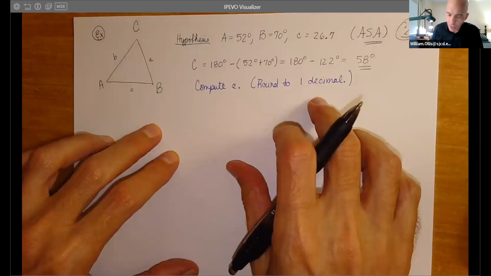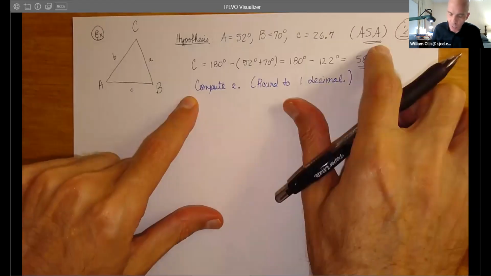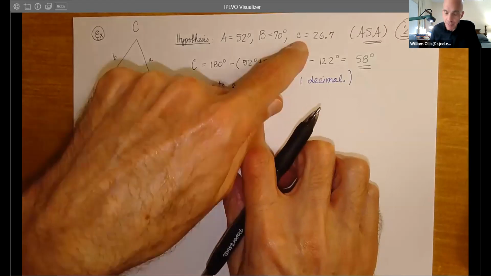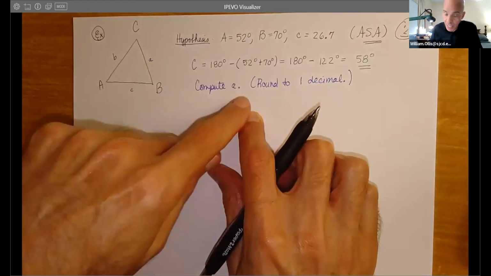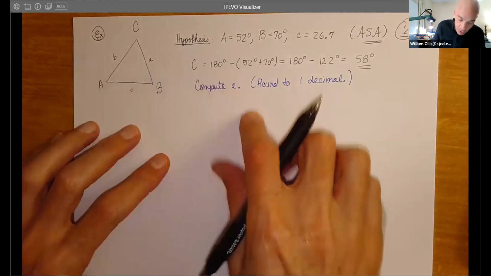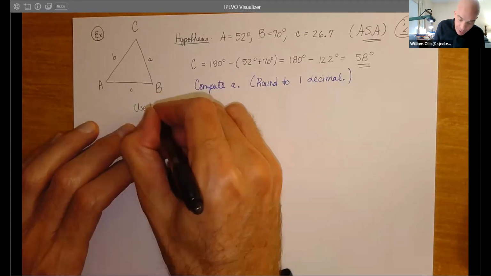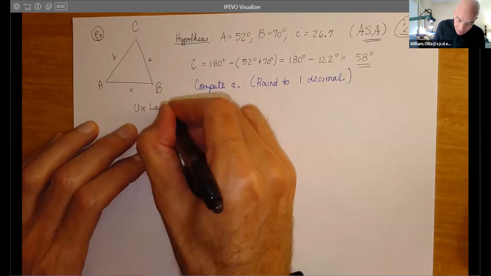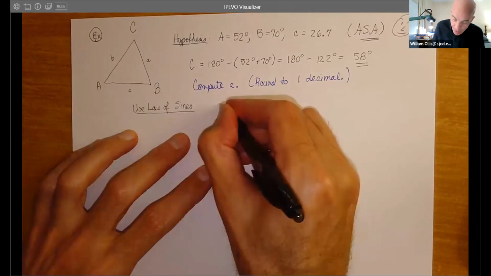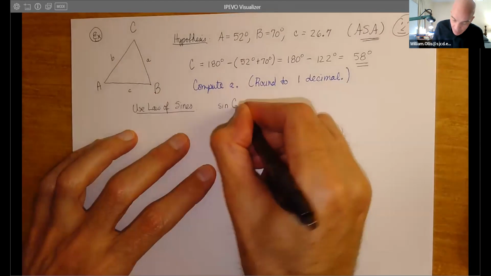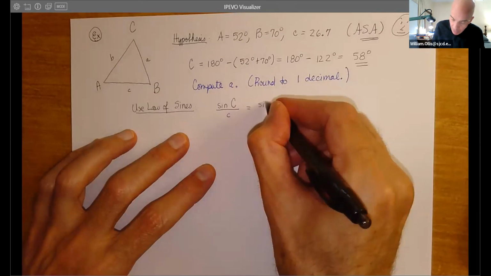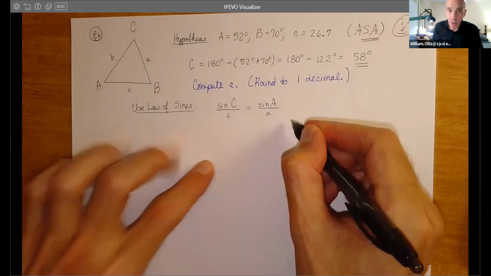So now, when we look at this, we have angle side angle. So we can say, in this case, sine C divided by C. And then, since we need to know A, we'll use sine A divided by A. So use law of sines. So this will be sine C divided by C equals sine A divided by A, where A is the unknown.